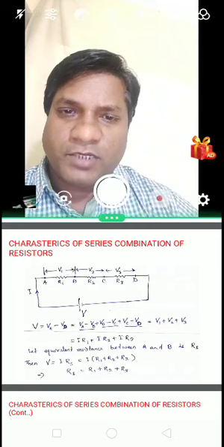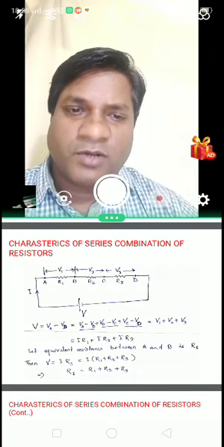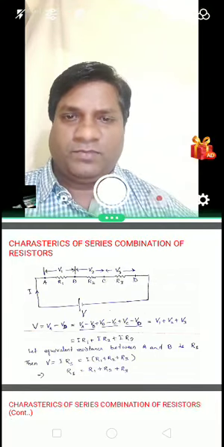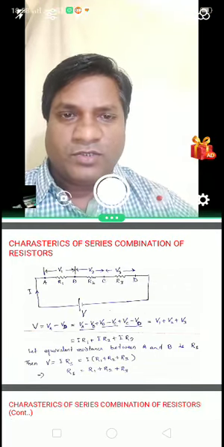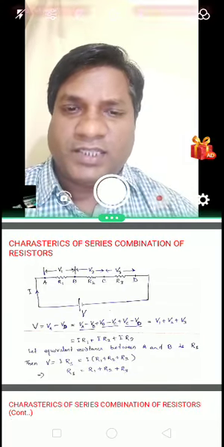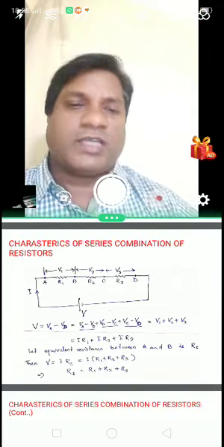So the total potential drop V becomes equal to V1 plus V2 plus V3. That means it is divided into three parts. V1 plus V2 plus V3 is equal to IR1 plus IR2 plus IR3.